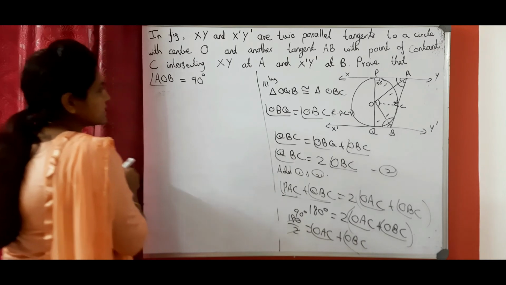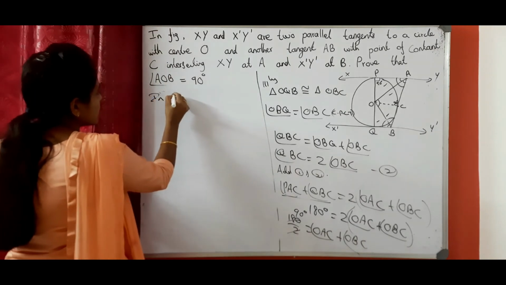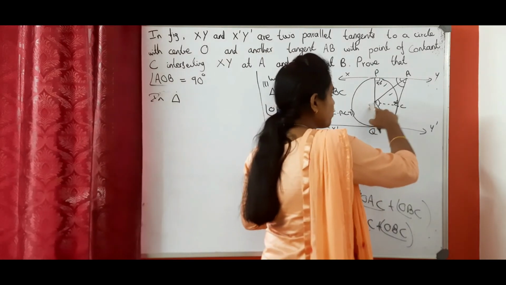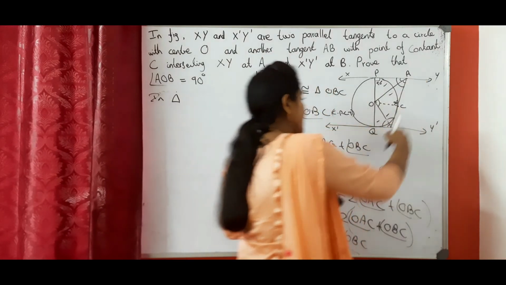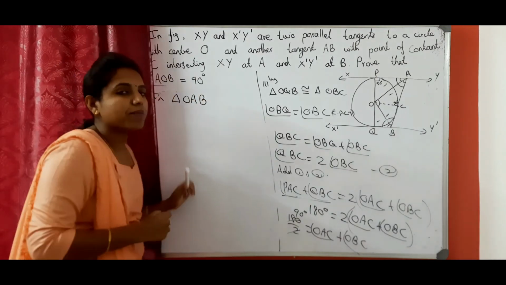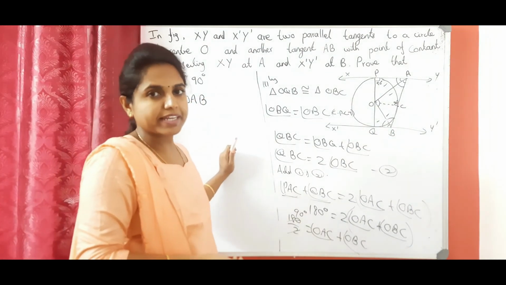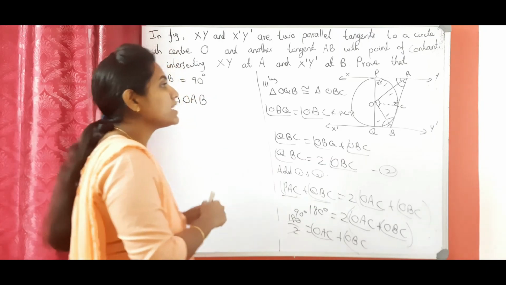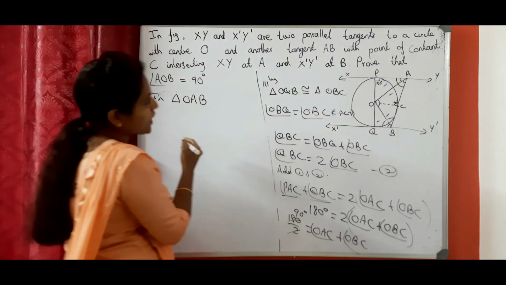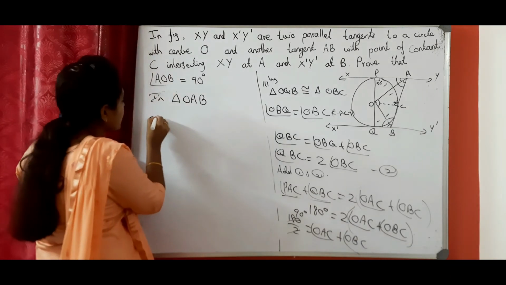Next, consider triangle. I am going to consider triangle OAB. The sum of the interior angles of the triangle is 180 degrees, right? So in triangle OAB, what can we write?